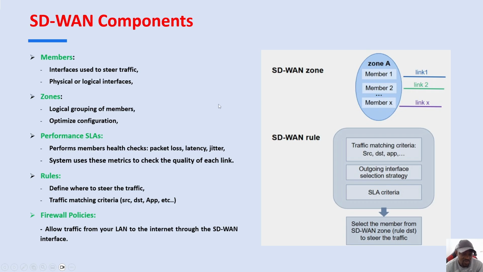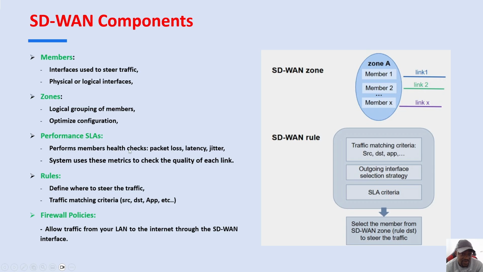Now, as we talk of SD-WAN as a software-defined way for your FortiGate device to steer traffic intelligently, to steer traffic intelligently we need performance SLAs that we configure on each member. These performance SLAs are going to check the health of each link or each member taking part in SD-WAN.